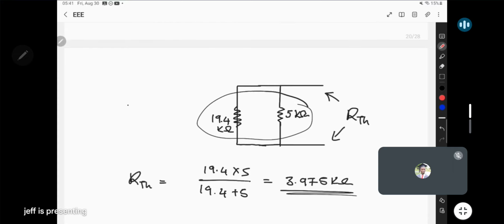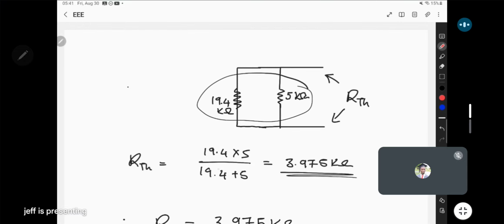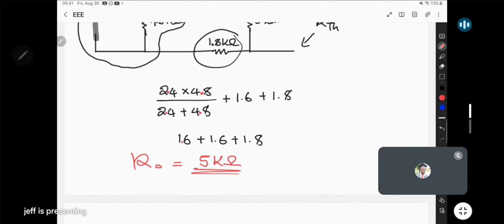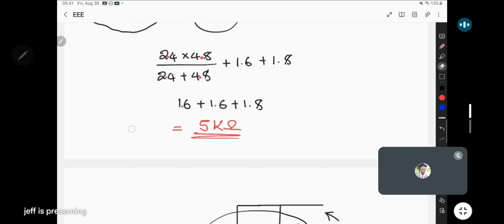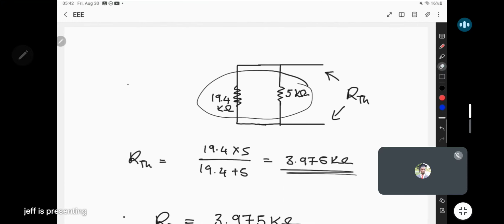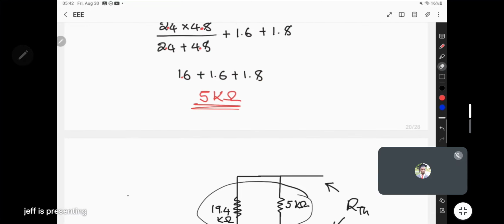Okay, so having obtained R0, everything else here I think was okay. We use 19 here again. No, this was not R0, this was just a combination to get 5 kilo. Let's check through how we got this.